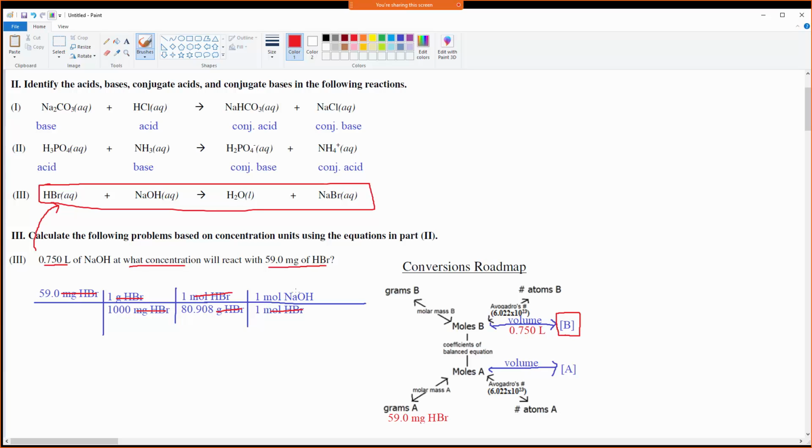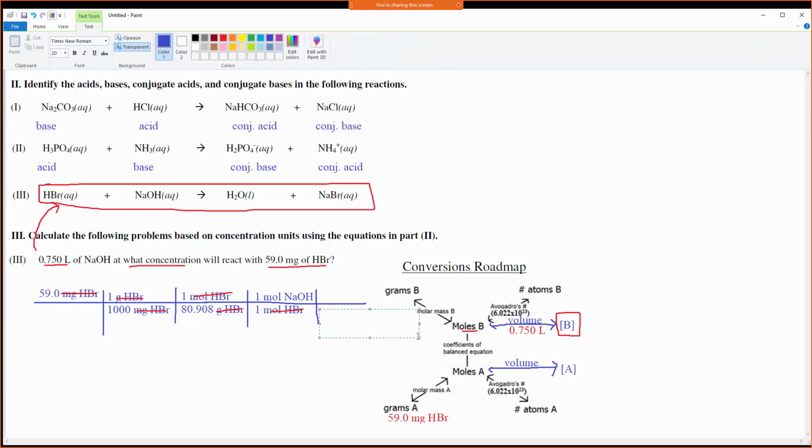Excellent. So now we have moles of NaOH. We've got to here, moles of B. They want concentration, and they gave me volume. So what am I going to do with that volume to get concentration out of this? Divide. Perfect.